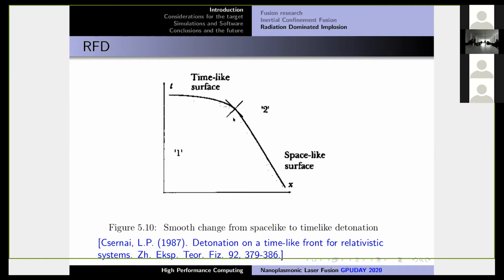From heavy ion collisions, we know that space-like surfaces can smoothly change to time-like surfaces, because the points of the shock front in these cases are not connected, they do not have a causal connectivity.